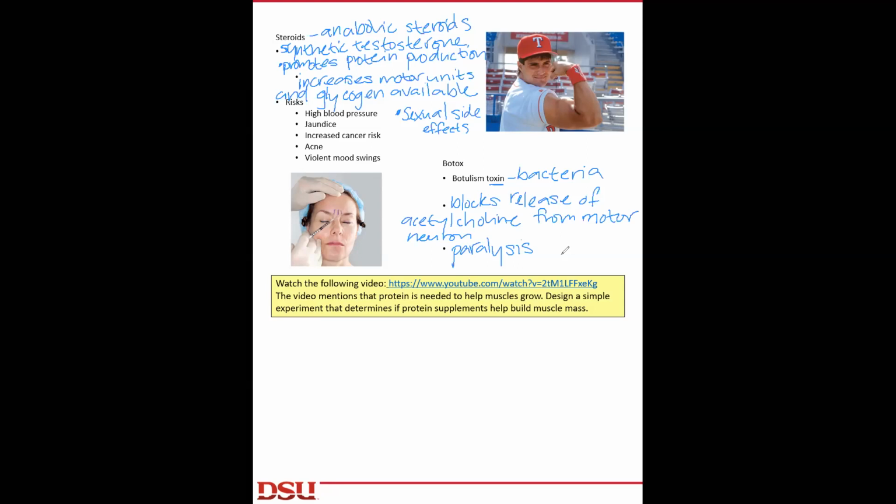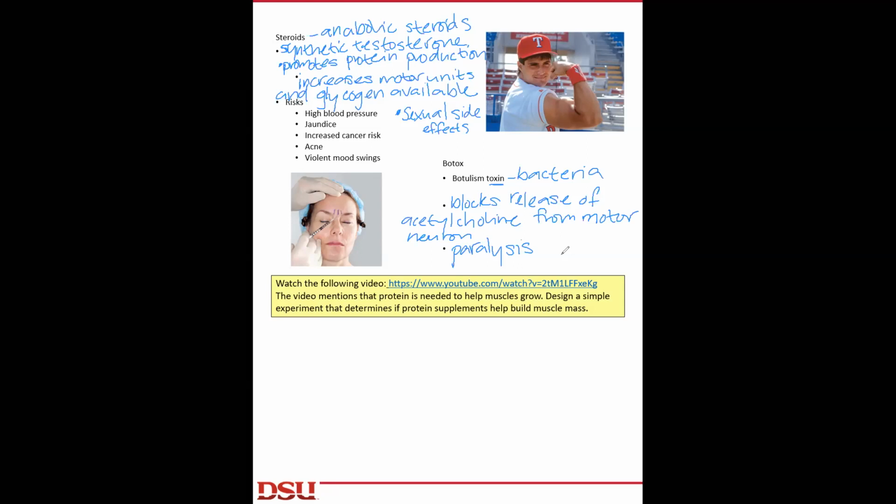But then science took this and realized that it had uses in the cosmetic industry. And so botulinum toxin became Botox, shortened from botulinum toxin. In small dilute amounts, it is injected into the fine muscles in the face because it paralyzes them.